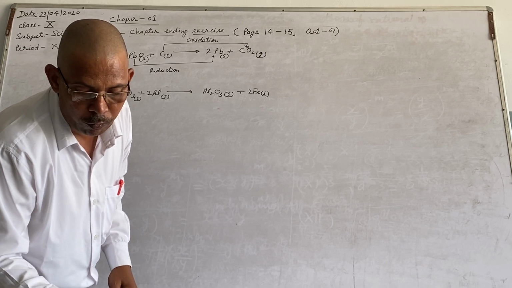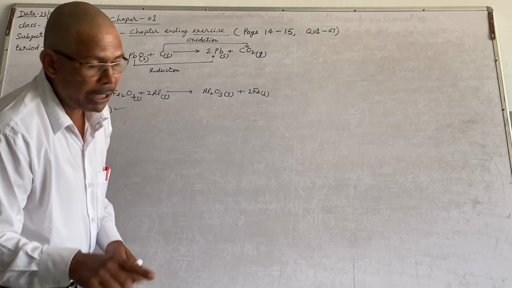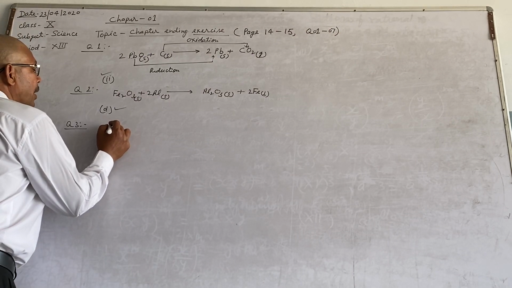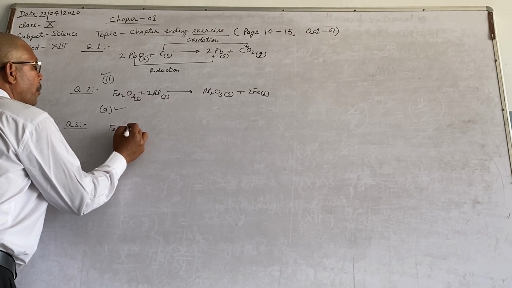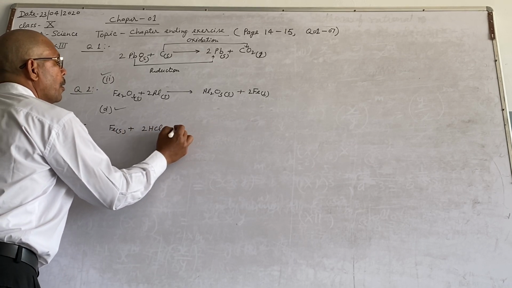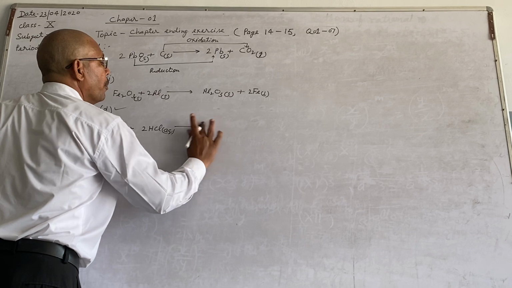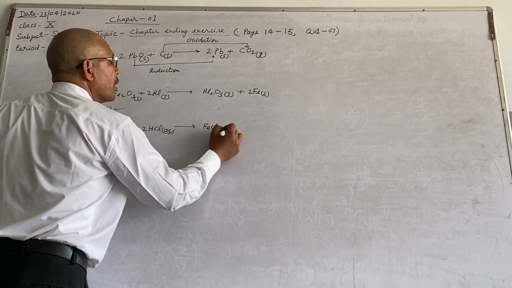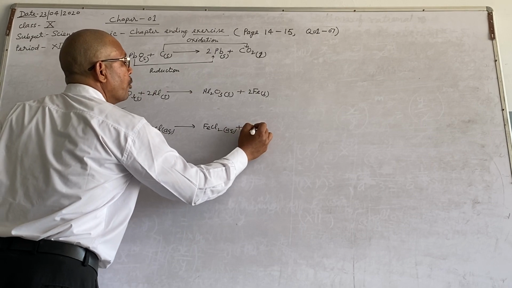Iron, salt and water are produced. What happens here? See the chemical reaction: iron filings plus dilute HCl react to form FeCl2 aqueous plus hydrogen gas.